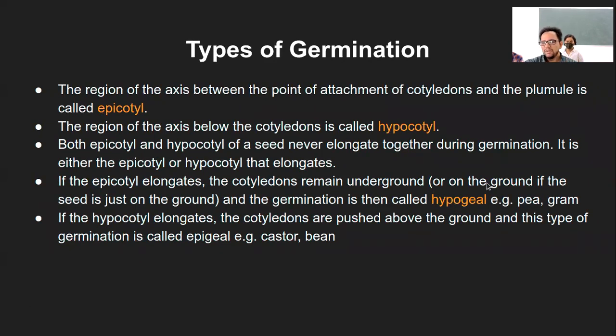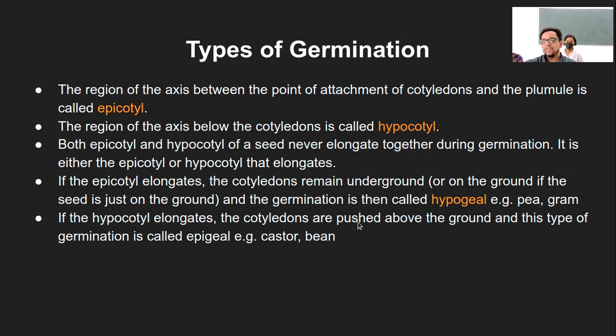Hypo means below, geo means earth. So when the cotyledons remain below the soil, that is called hypogeal germination.